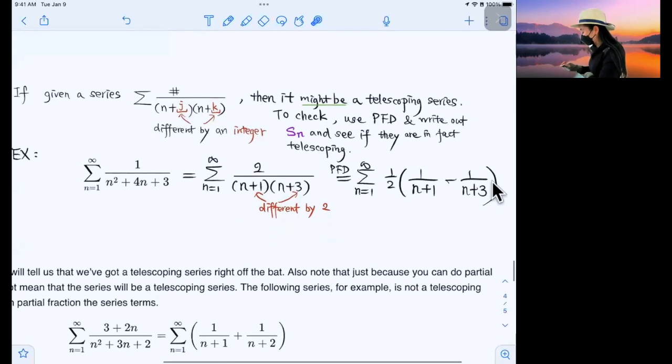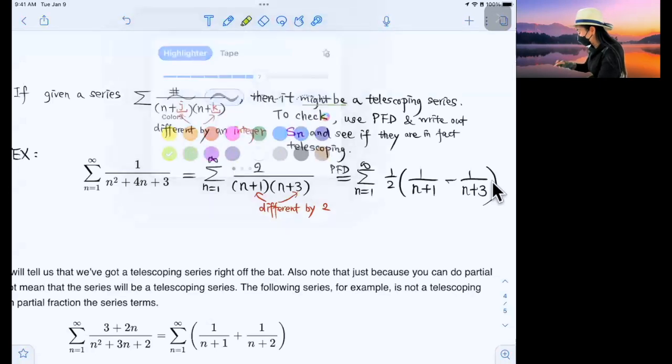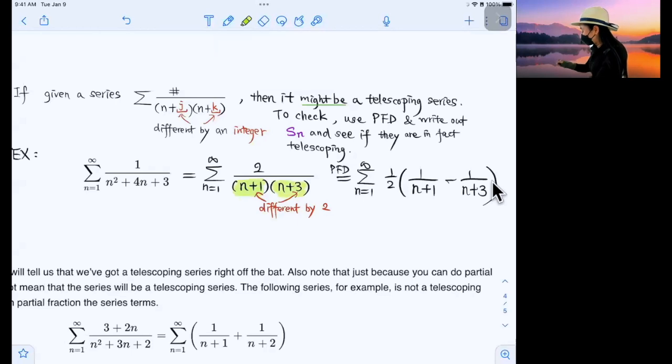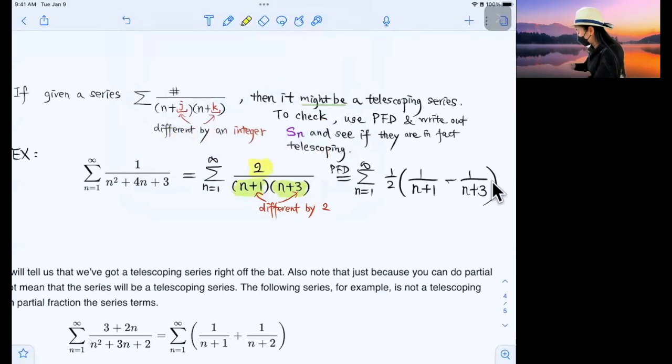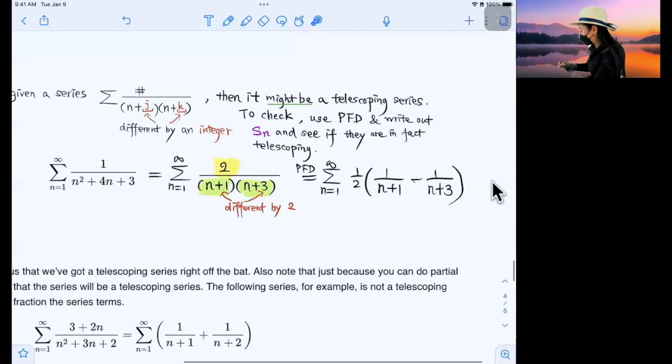So for example, this one. See, this is n plus 1, right? Okay, you see the denominator, n plus 1, this is n plus 3. And up here is the number. Then you're going to do the partial fraction decomposition, and you can decompose it this way. Okay, and then you write out the sum of the first n terms and see if they cancel.